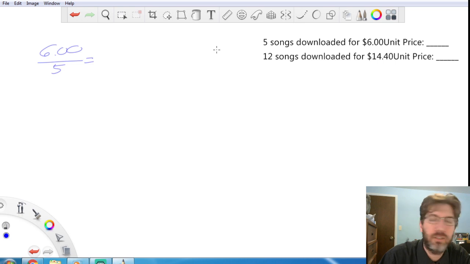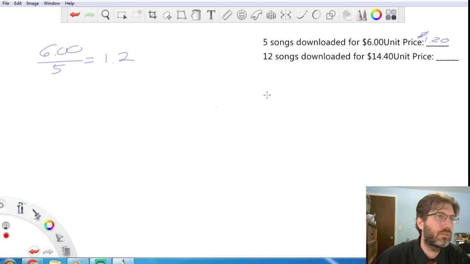I'll do it again on this one here to figure that out, Eli. But here to get your unit rate, you're just going to do 6 divided by 5. So $6 divided by 5 gives you that 1.2. So your unit rate is $1.20.